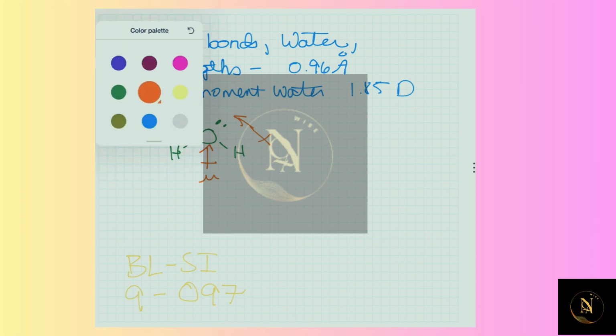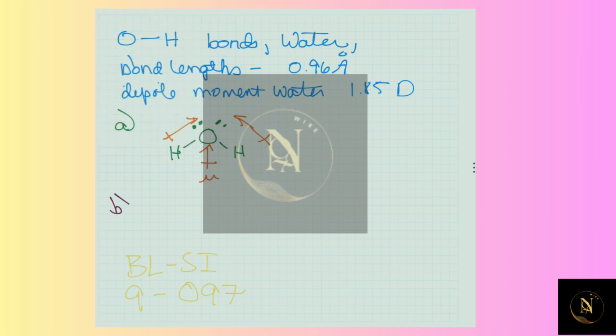B asks us to calculate the magnitude of the dipole vector, the dipole moment of the OH bonds. And I just used a pretty simple equation to do this, because I already had the dipole moment of water.